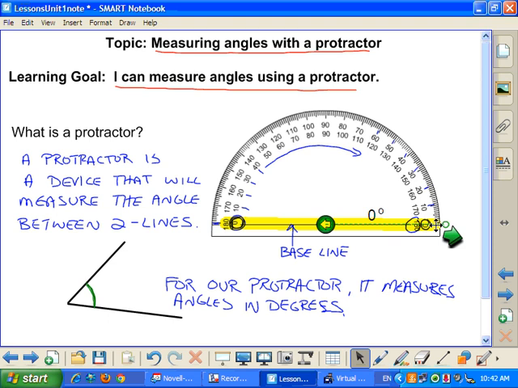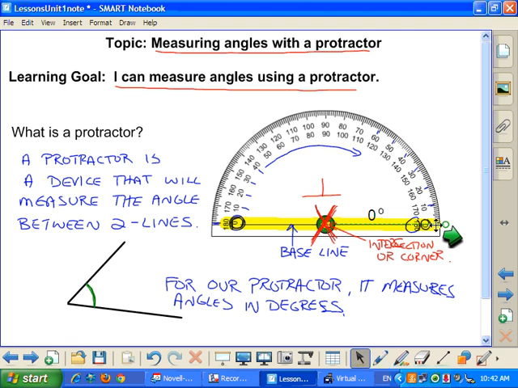The intersection point has to go right here. Now on yours, it's going to be shaped like this. There'll be a line down the middle, but this is where the intersection point, or corner, goes.